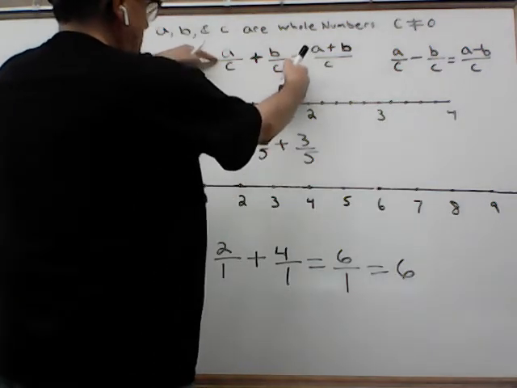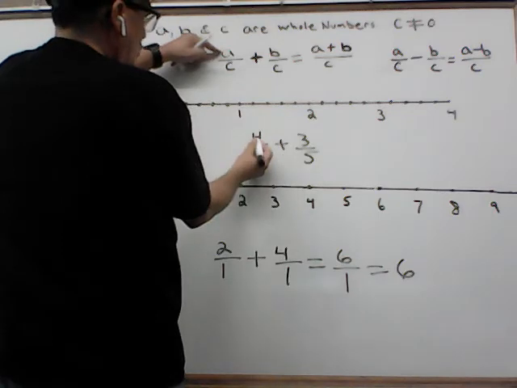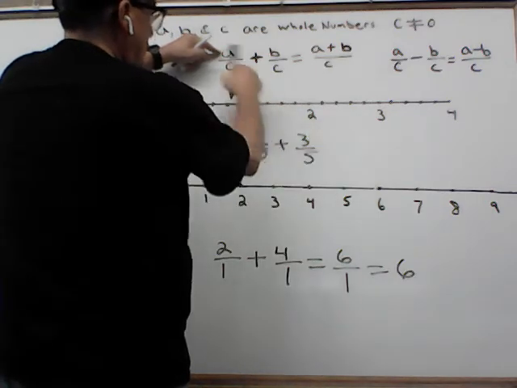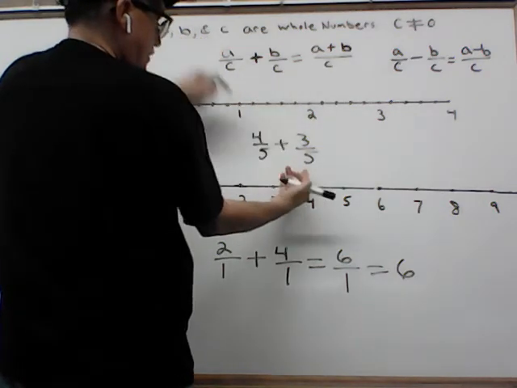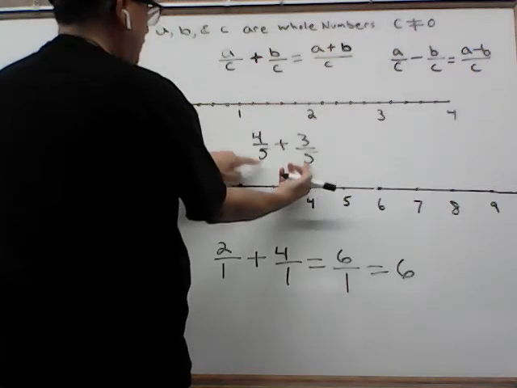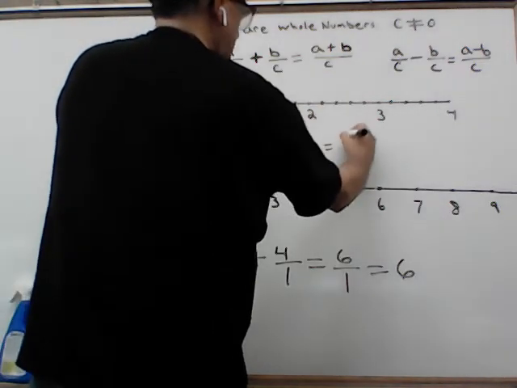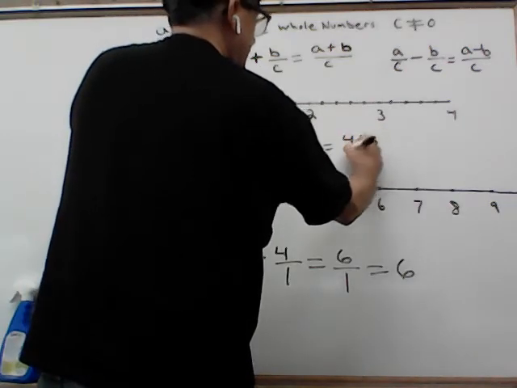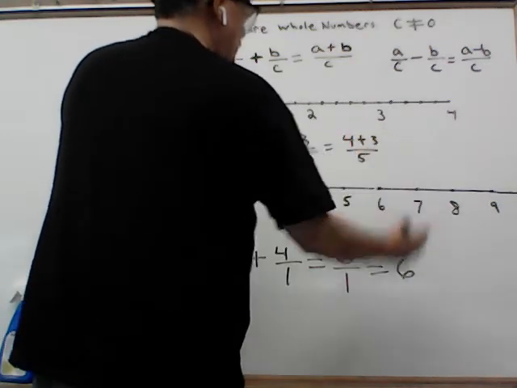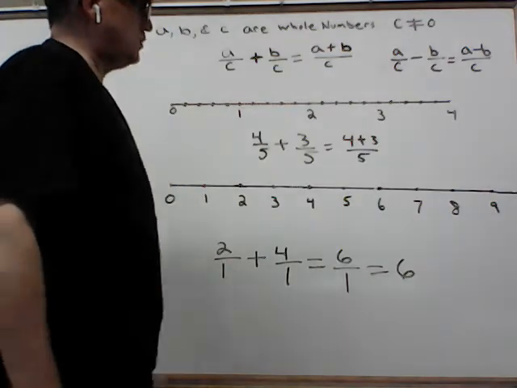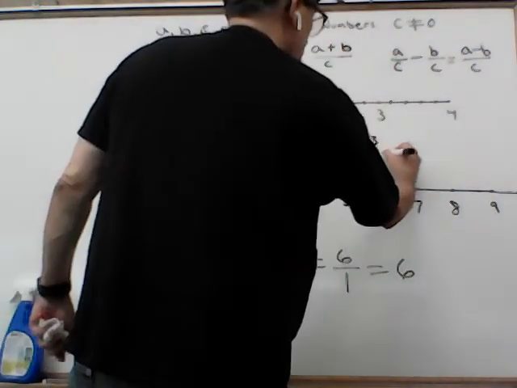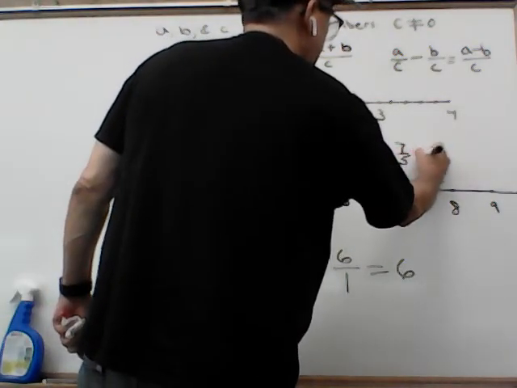Now, looking at this formula up here, the A is 4, the B is 3, and each of these C's is 5. So there's the C, 5 and 5. The A is 4, the B is 3. What does the formula tell us to do? Add the A and the B, and then put that over C. Right? So it's 4 plus 3 over 5, or 7 over 5.